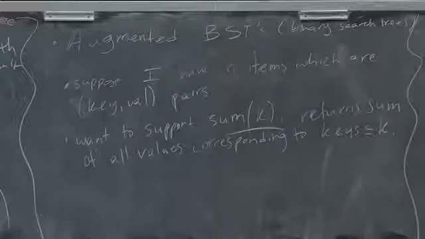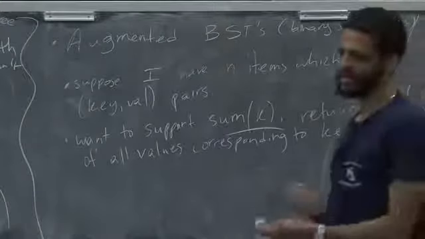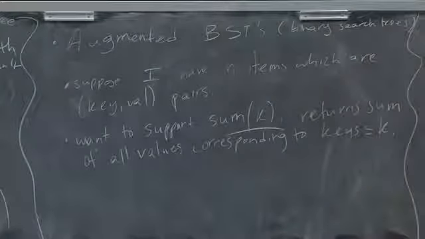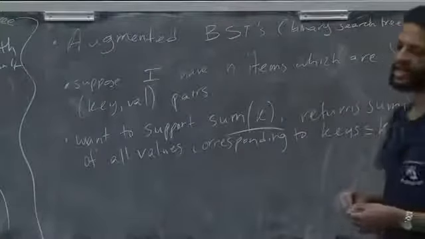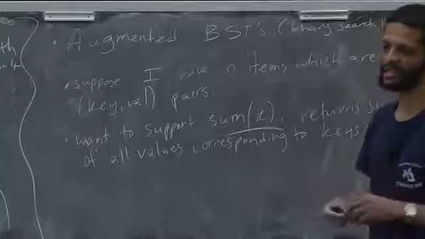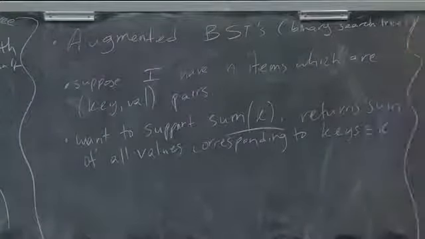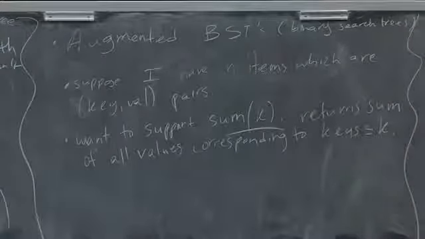And you want to support also insertion of key value pairs, deletion of them, and these sum operations, predecessor, et cetera. You can do this kind of thing with BSTs by augmenting the nodes to contain subtree sums. And then as you're walking down the tree, you can use these subtree sums to get answers for this.